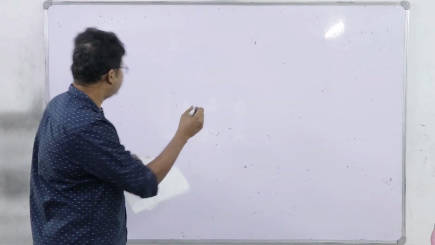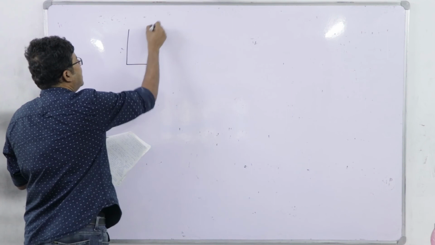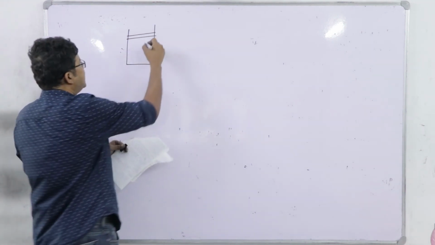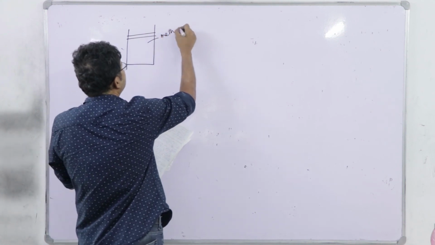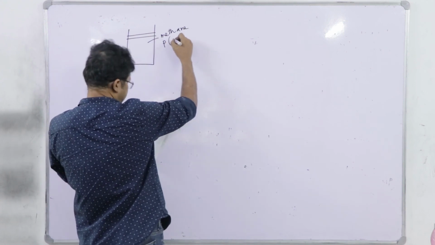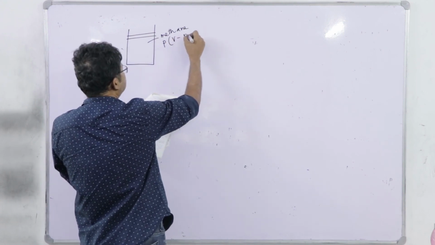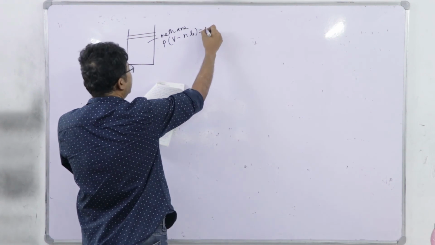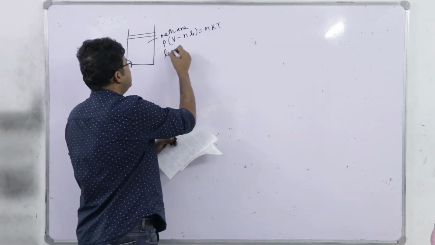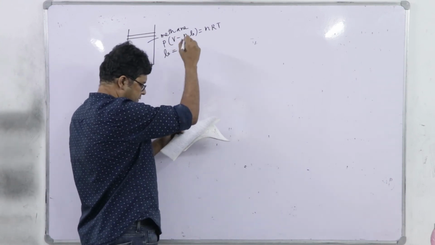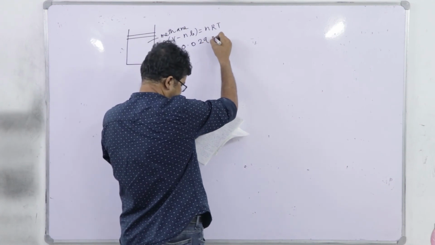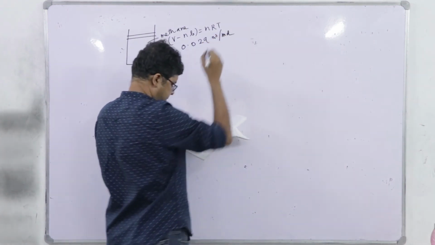In a closed piston cylinder system, we have methane, right, which obeys the gas equation P (V minus nB) is equal to nRT, where only volume correction is made, B is equal to 0.029 meter cube per mole.